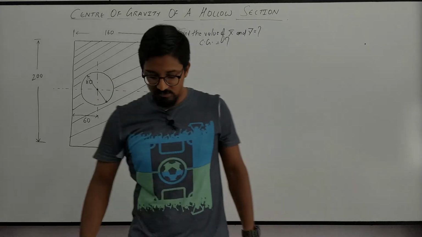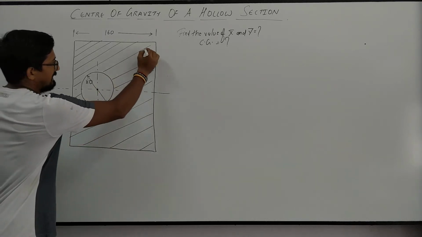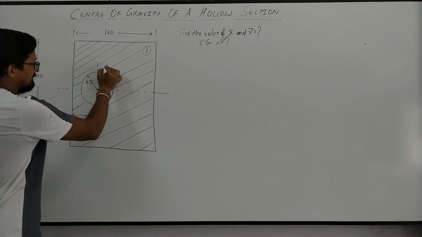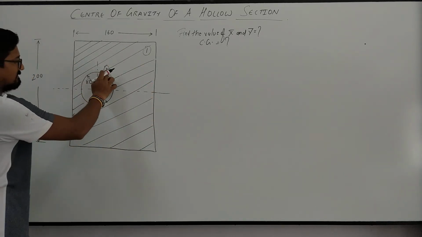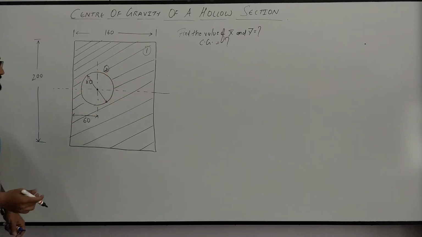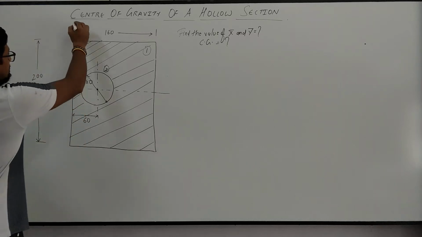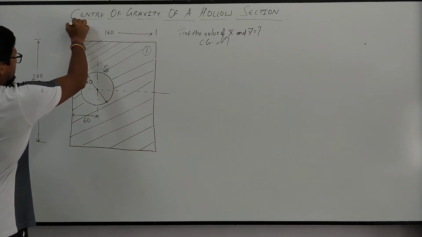First, as usual, we will mark the rectangle as section 1 and the circle as section 2. So 1 is the rectangular section and section 2 is our circular section. Then we can mark the reference axis. I will take the reference axis from the left edge, correct?